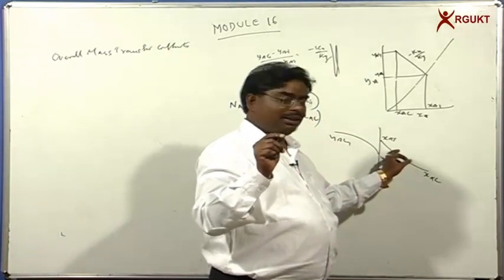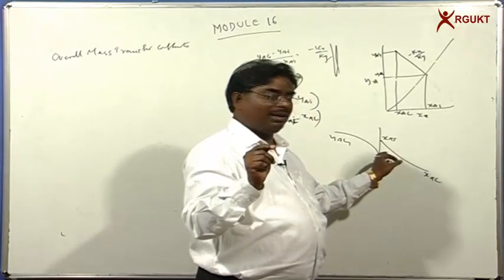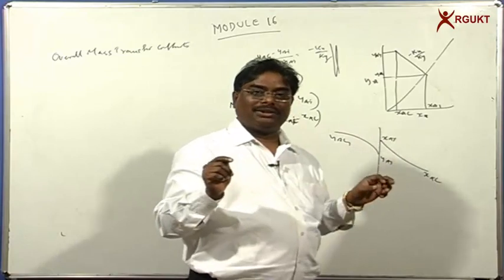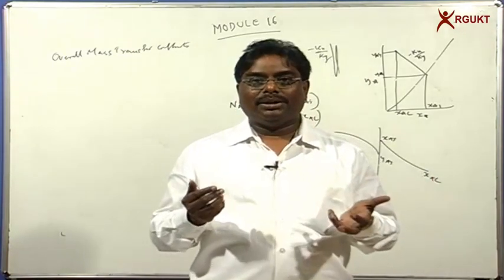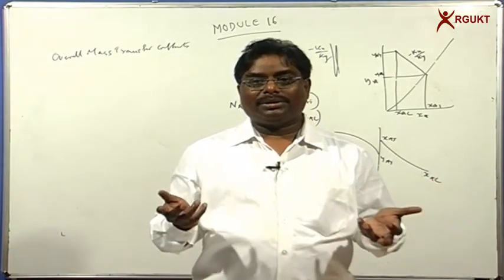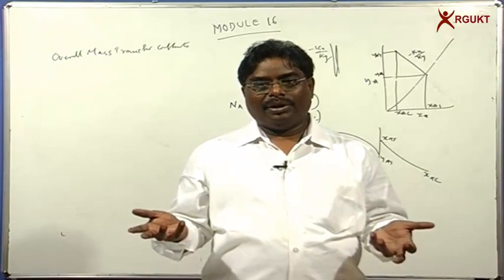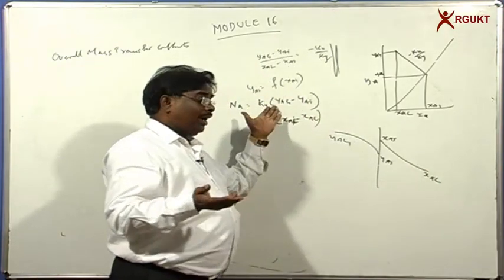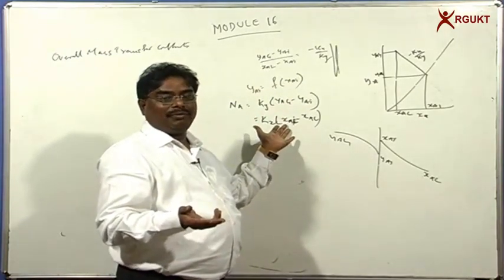Maybe we will get the fluid at this place, or at this place. If we measure the concentration of such fluid, we will get some concentrations, and these are not equal to YAI and XAI. Then you cannot use this equation for the estimation of fluxes.